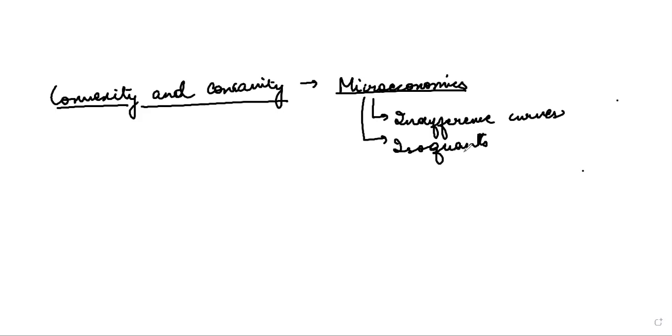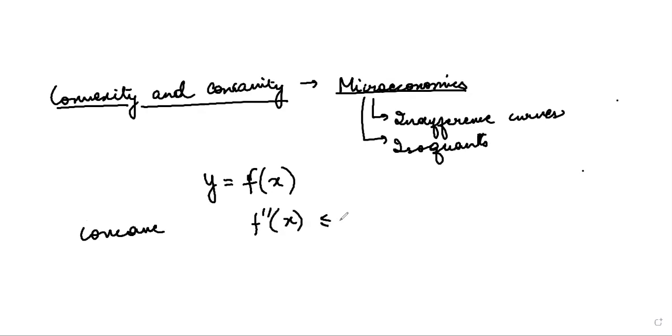All right, so now let's try to understand mathematically what convexity and concavity are. I will take a function y, and let's say y is a function of x, a basic function. A function is said to be concave if when I double differentiate the function, it is less than or equal to 0.